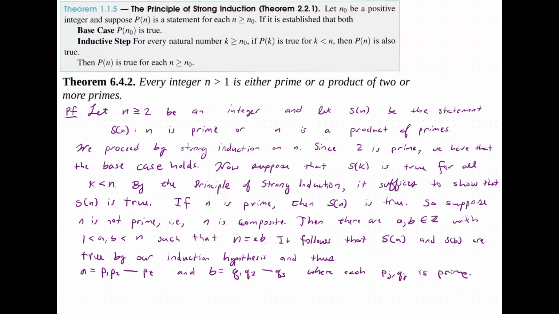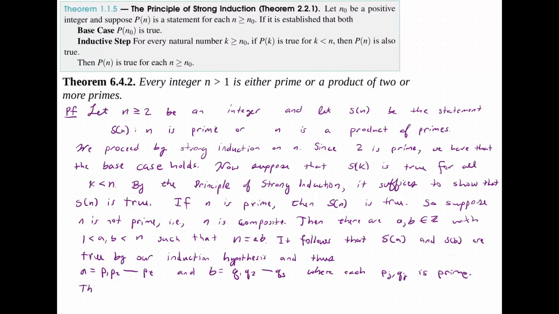Now, something about the notation here. I'm writing p1 times p2 times p sub t, and this is telling us that a is prime or a product of primes, because t could be equal to 1, and in that case a would be prime. Similarly, b is equal to q1, q2, all the way to some q sub s, but s could potentially be 1, in which case b is prime.